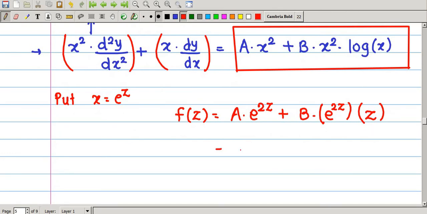So a is constant, e raised to 2z. While calculating the particular integral, we use this shortcut formula, replace d by a, where a is equal to 2. And here our function is z into e raised to 2z.